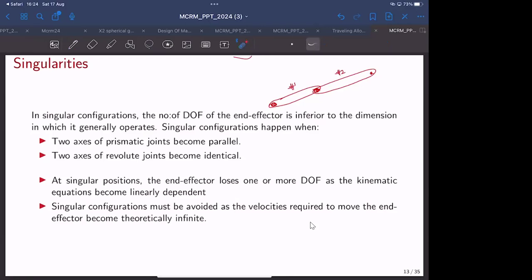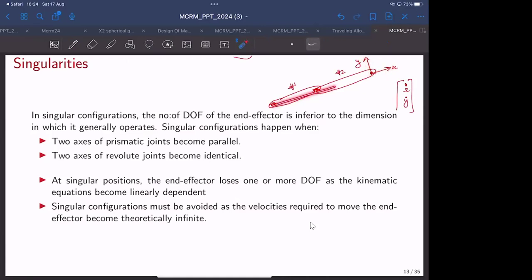Because a 2R manipulator should be able to achieve velocities in X and Y components, right? If I label this direction as X, and if I label this as Y, a 2R manipulator, since we are giving two inputs, should have velocities in two independent directions.